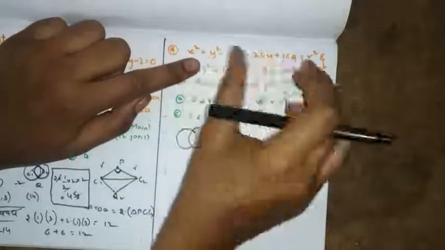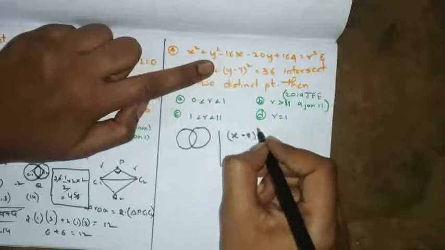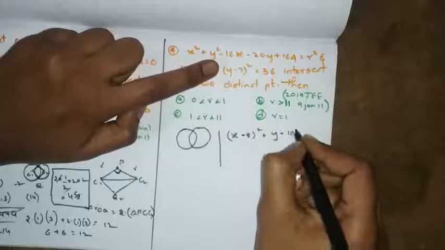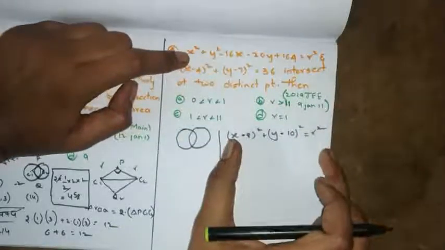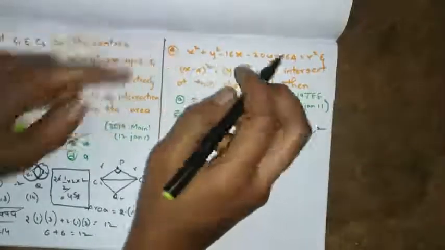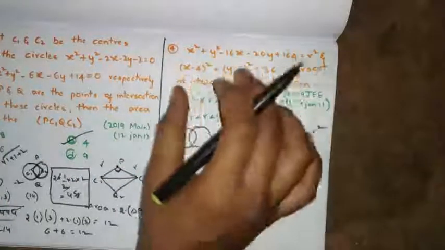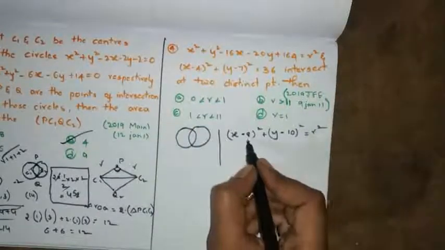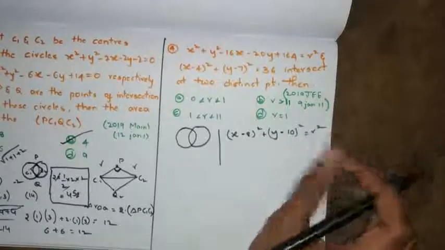I can get the equation of it as x minus 8 whole square plus y minus 10 whole square is equal to R square. How did I get this? Here is a trick I applied, that when coefficient of x square and y square is 1, I have to take coefficient of x by 2 and write like this, and coefficient of y by 2 and write like this is equal to R square.